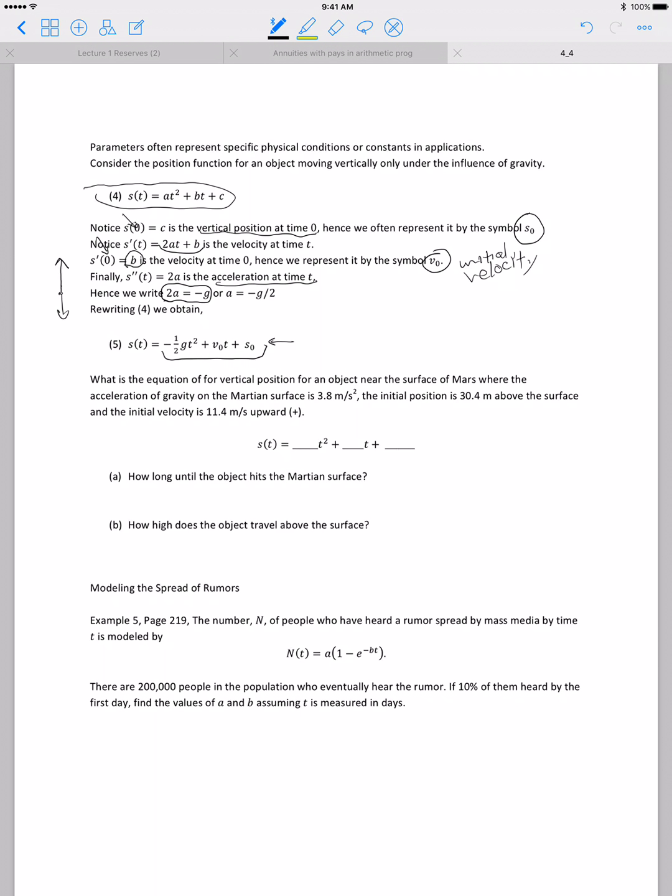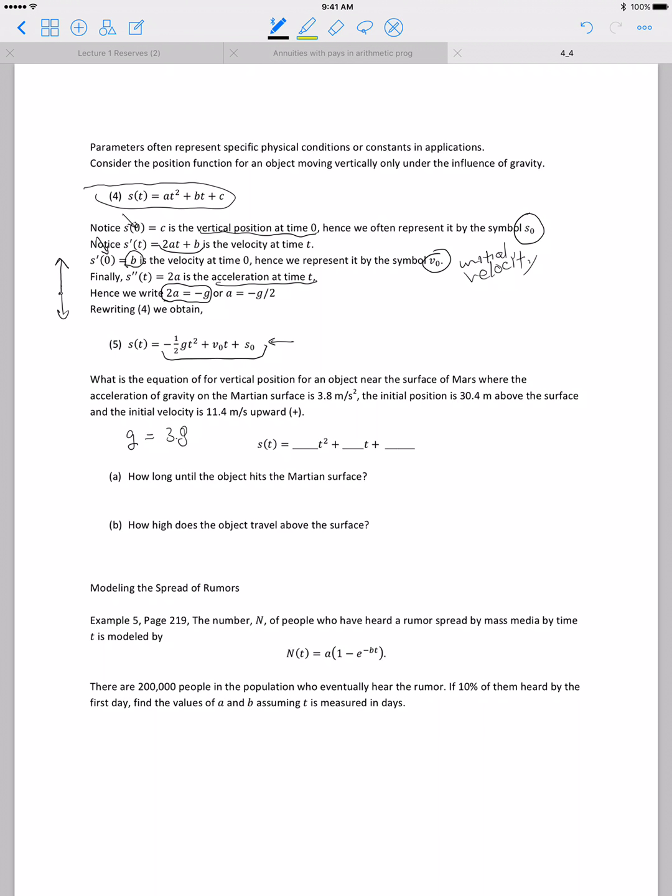So let's take an example. What is the equation of the vertical position for an object near the surface of Mars, where the acceleration of gravity on the Martian surface is 3.8 meters per second squared? The initial position is 30.4 meters above the surface, and the initial velocity is 11.4 meters per second upward. Okay, first of all, the g on Mars is 3.8.